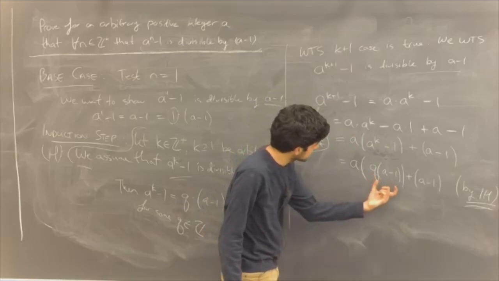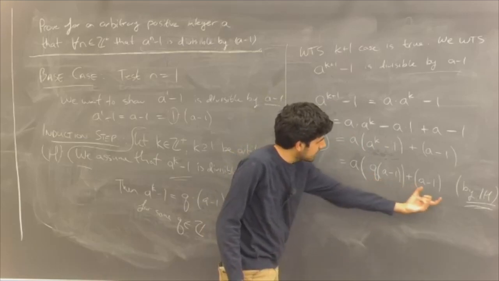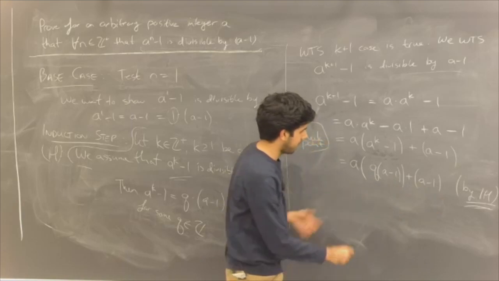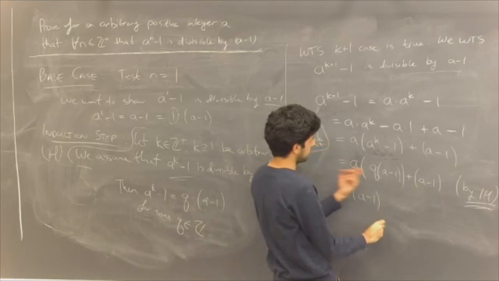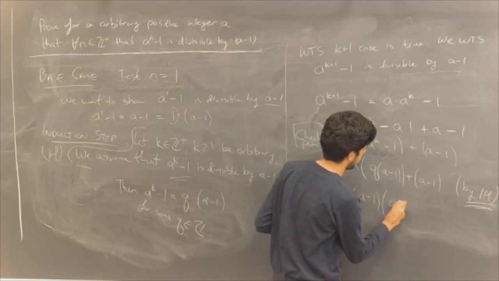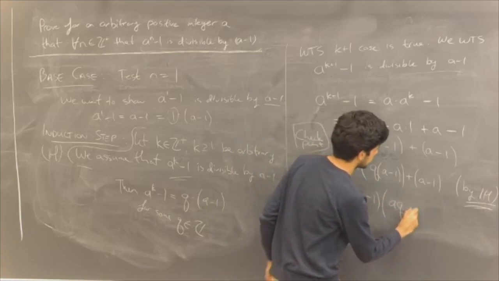So, miraculously, I see an a minus 1 here and an a minus 1 here, so I can factor that out. And from the first term, I get aq, and from the second term, I get 1.